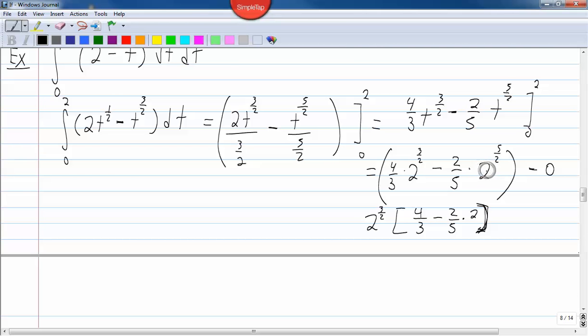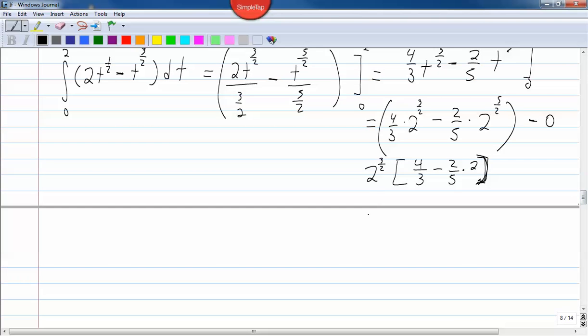Now remember how this stuff works when you factor it out. I have to put an answer down here for 2 to some power, so that when I multiply what I factored out times this, I would get 2 to the 5/2 power. Remember, you add powers, so 3/2 plus 1 is 5/2.